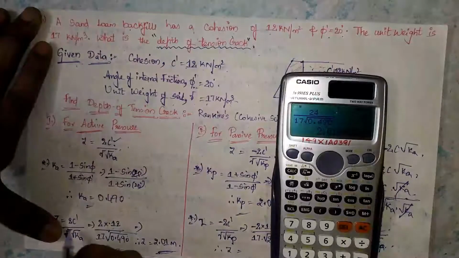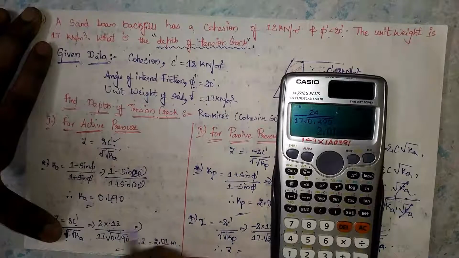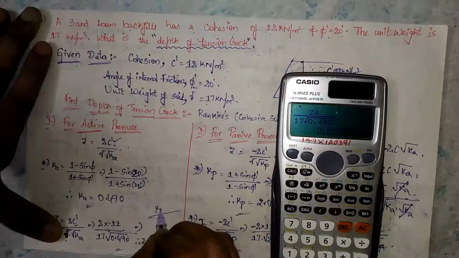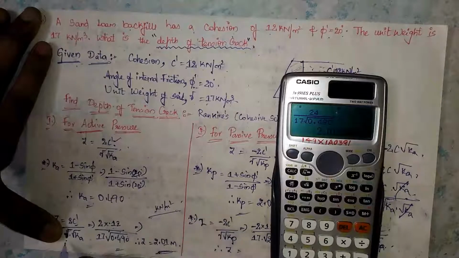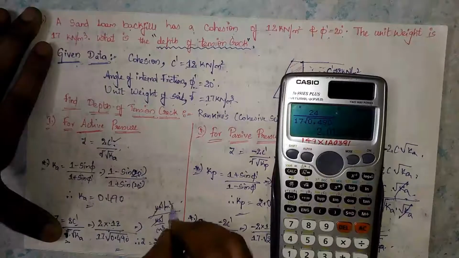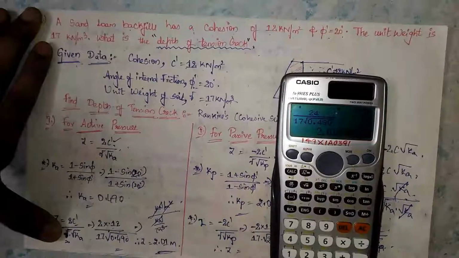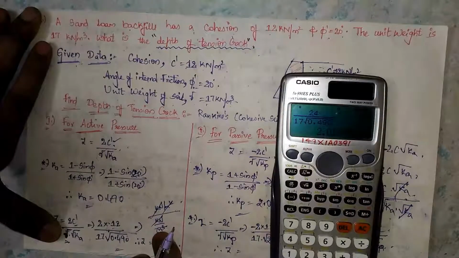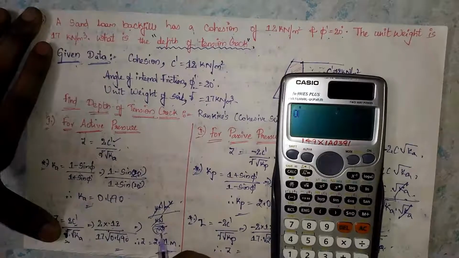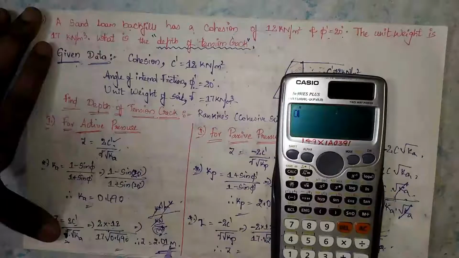For example, what is the unit of the cohesive force C dash? Kilonewton per meter square. And what is the unit weight of the soil? Kilonewton per meter cube. Kilonewton per meter square divided by kilonewton per meter cube, the meter cube will be cancelled, so the remaining unit is meter. So Z equals 2.01 meter.